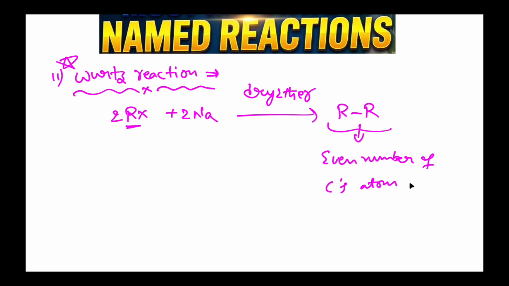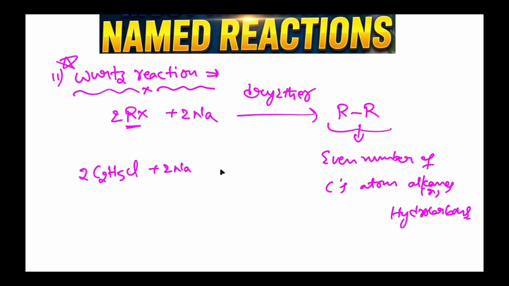This reaction is known as Wurtz reaction. For example, 2 moles of ethyl chloride react with sodium in presence of dry ether. So we get C2H5 joined to C2H5.